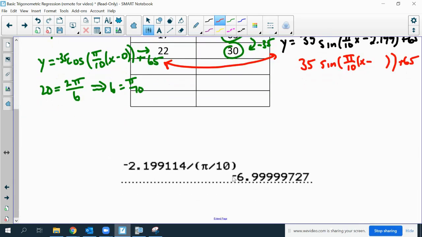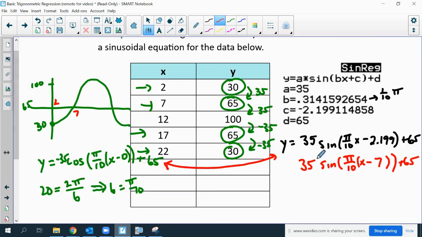What I would end up getting is negative 7 when I factor out the pi over 10. This is just a rounding error because I didn't type in enough digits. So what I end up with is a minus 7 here, and that makes a whole lot of sense because this graph with the sine should match up identically with the cosine graph that I got just by understanding what these 5 points will give me on the graph.